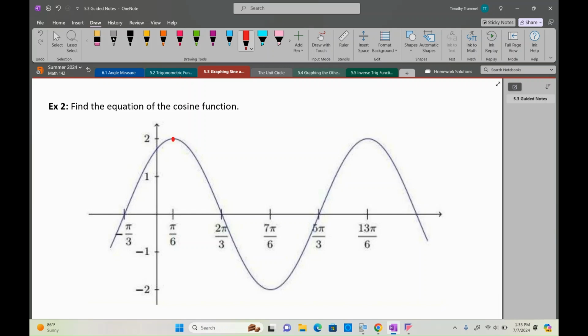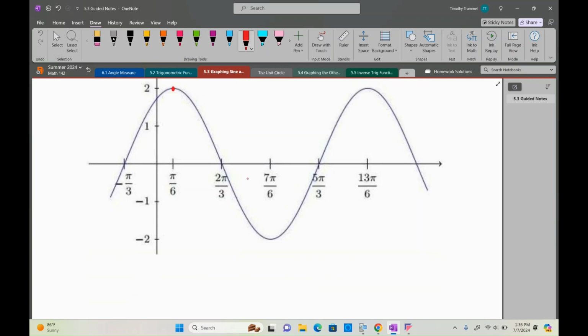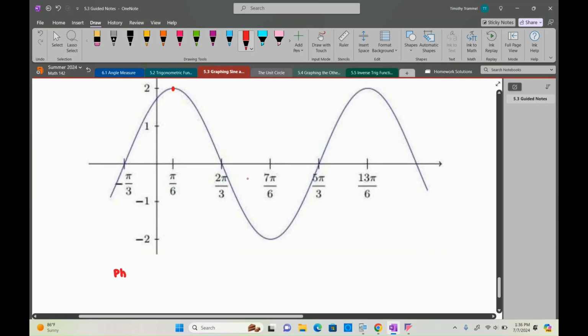And the reason I want to think about that is because this tells me the phase shift. So down here, I'm going to say that the phase shift is pi over 6. And I'm even going to, again, note that C then is pi over 6. Okay. All right, so we have that.